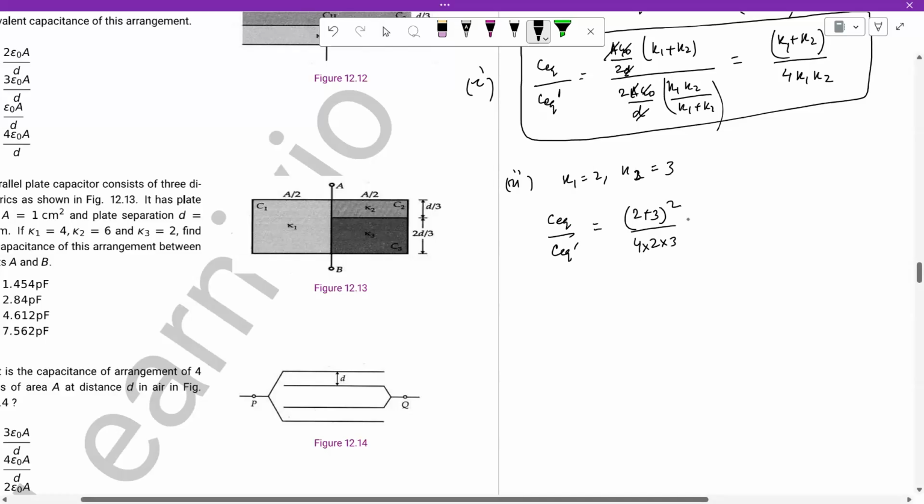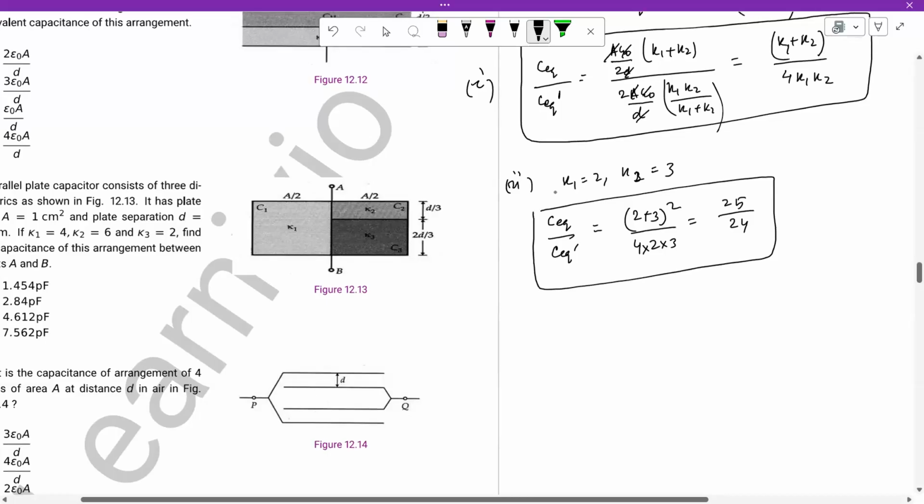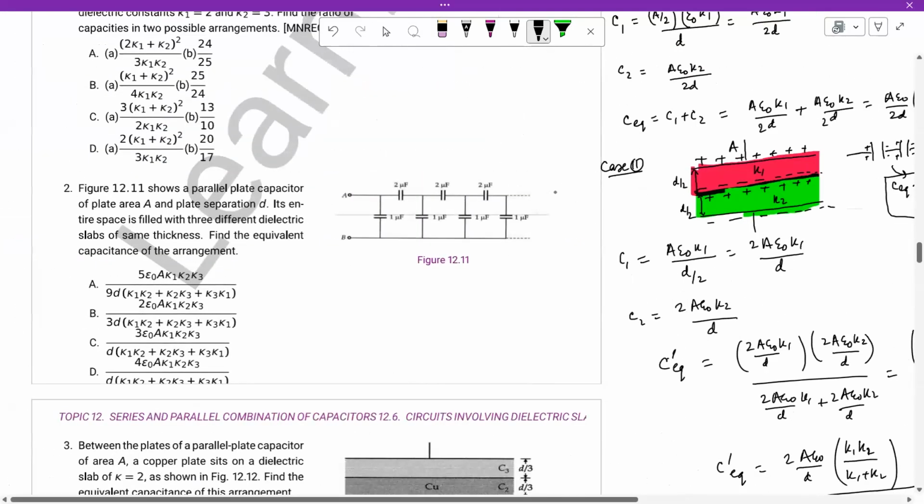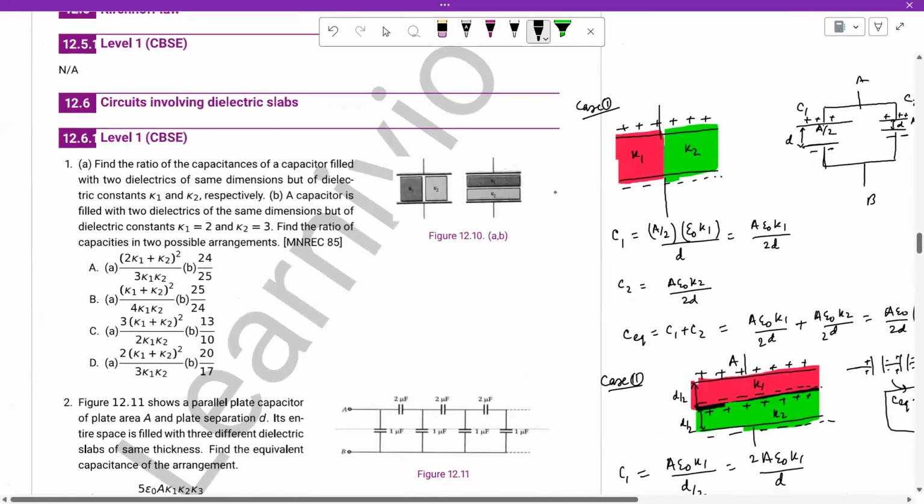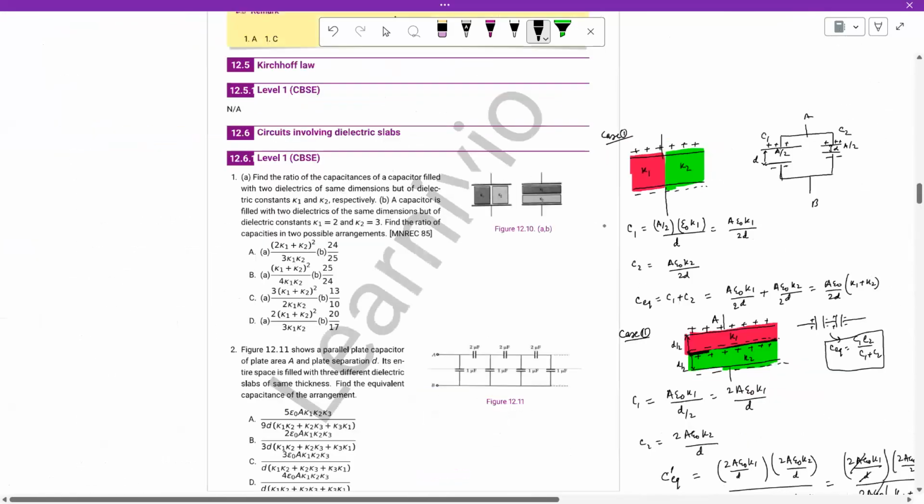So how much is this? 2 plus 3 is 5, 25, and then 6 fours are 24. So this would be the answer, 25 by 24. Right. So is this question clear to you? Yes, sir. Okay, then please note down this thing.